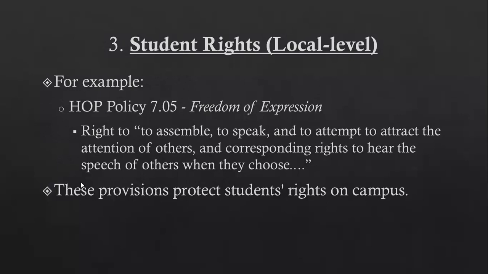Now, affirmative provisions such as these help protect student rights on the campus level. And therefore, advocates should familiarize themselves with HOP to use these rights for their local campus advocacy.